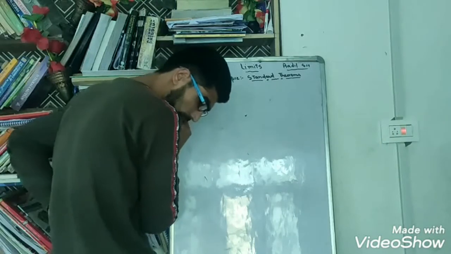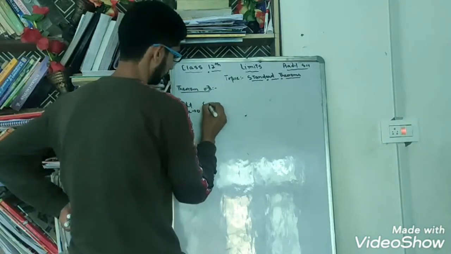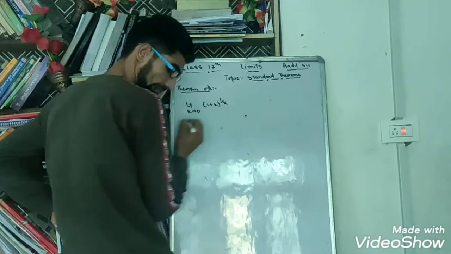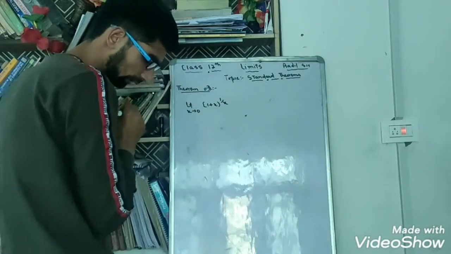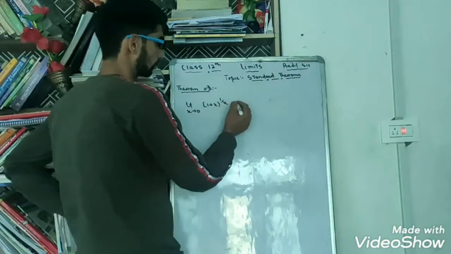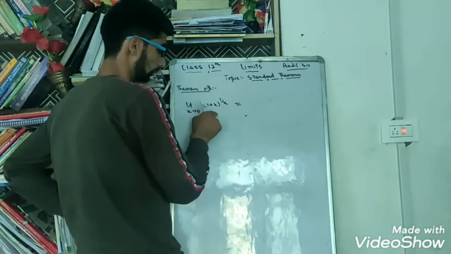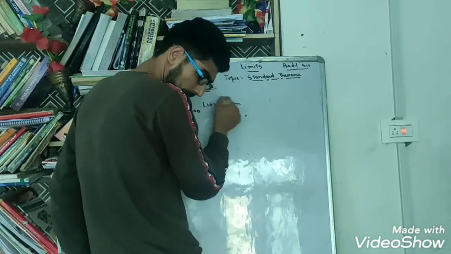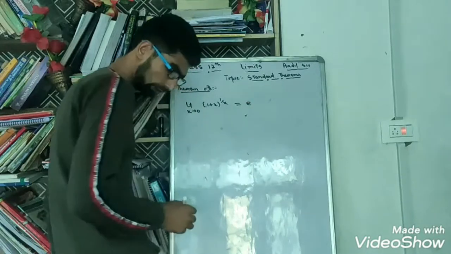x tends to 0, (1 plus x) raised to 1 divided by x. This is our theorem, and to prove that we have to show that this is equal to e.